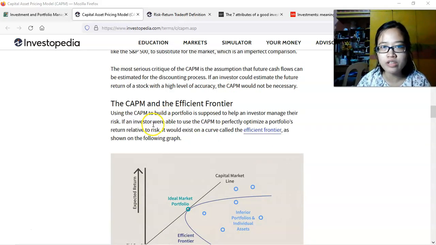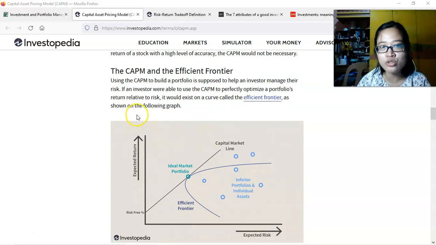APM and Efficient Frontier. Using APM to build a portfolio is supposed to help an investor manage their risk. If an investor were able to use the APM to perfectly optimize the portfolio, cannot say perfectly optimized, not really. Return relative to risk would exist on a curve called the Efficient Frontier, as shown on the following graph, which is this one.